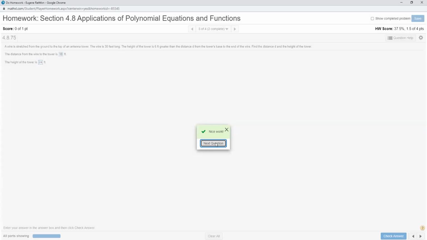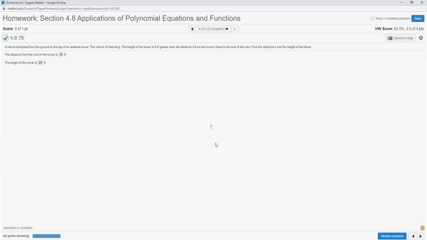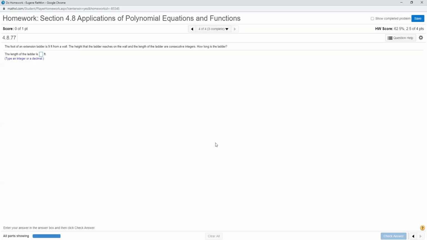All right, y'all, so the last question I'm going to do of the day. Same thing, sort of, okay? So let's see what this one says. This is a ladder. The foot of an extension ladder is 9 feet from the wall. Oh, wow.